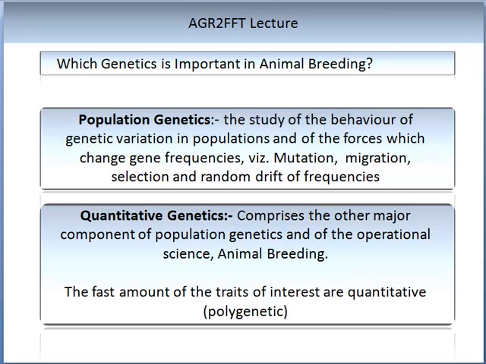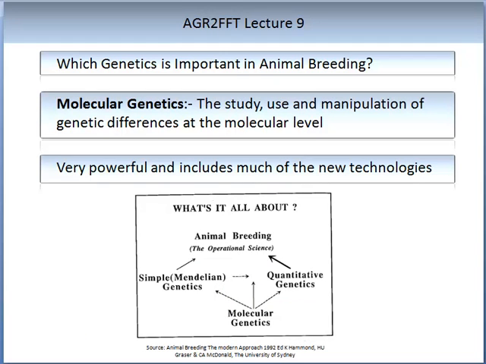The vast amount of these traits of interest are quantitative, that is, polygenic. It is both of these components that are important for animal breeding, as both will determine the outcomes of your breeding program. Molecular genetics is the study and the use and manipulation of genetic differences at the molecular level.